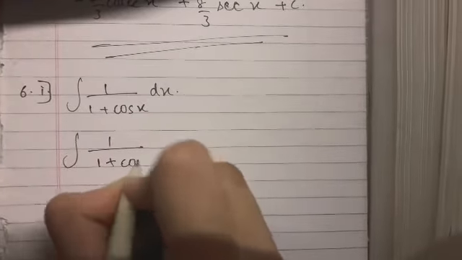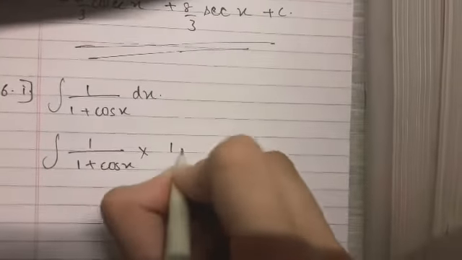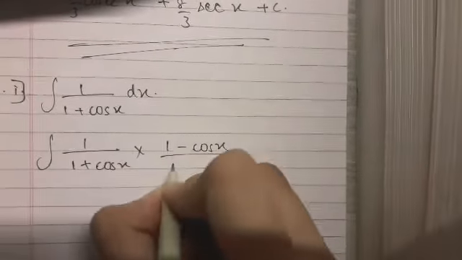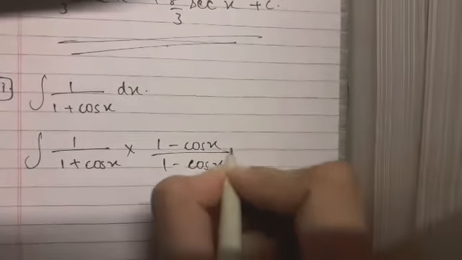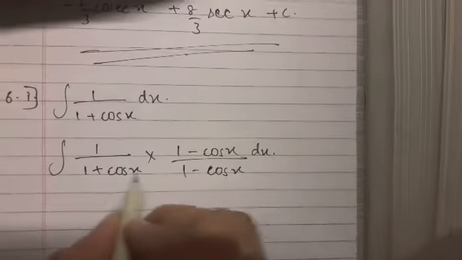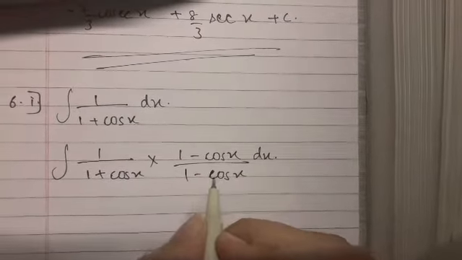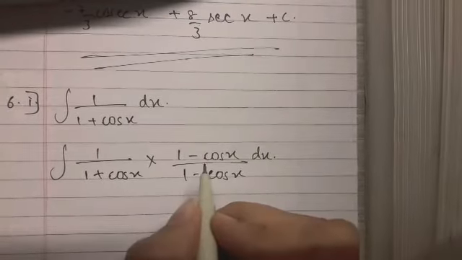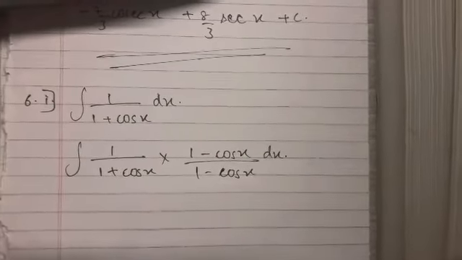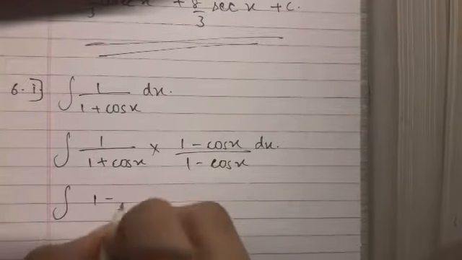So this would become 1 upon 1 plus cos x into 1 minus cos x upon 1 minus cos x. So the denominator becomes a plus b, a minus b, which is a square minus b square. That is 1 minus cos square x, which we know is sin square x. So we can write it directly.